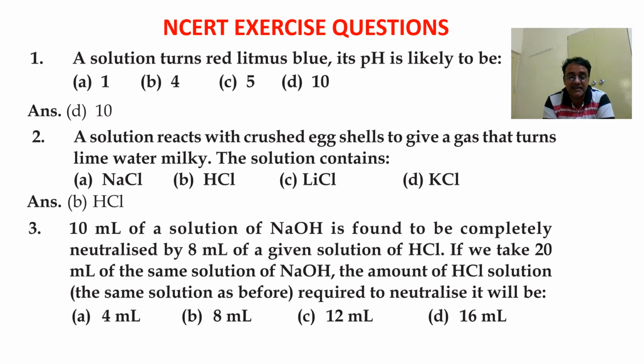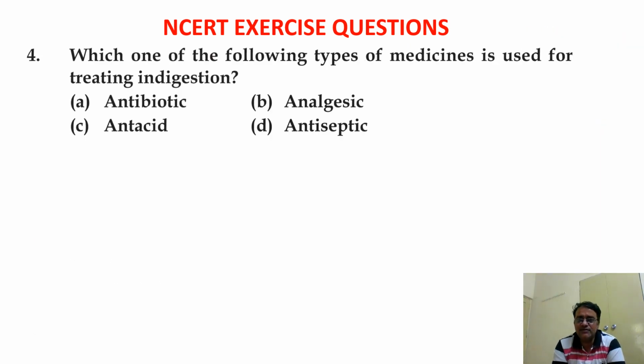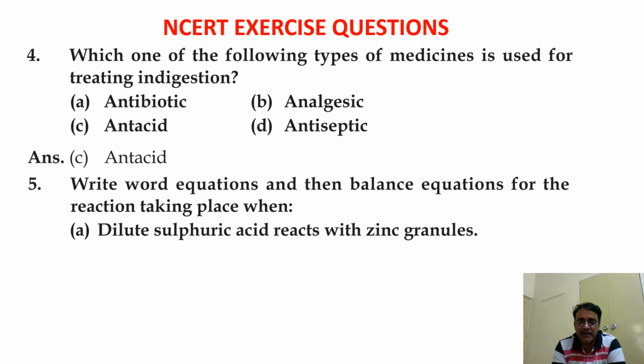If we take 20 milliliter of the same solution of NaOH, the amount of hydrochloric acid solution, the same solution as before, required to neutralize it will be... So here you have to do a little calculation. For 10 it is 8, so for 20 milliliter it will be double, right? So the answer is 16 milliliter. Next, which one of the following types of medicines is used for treating indigestion? Antacids.